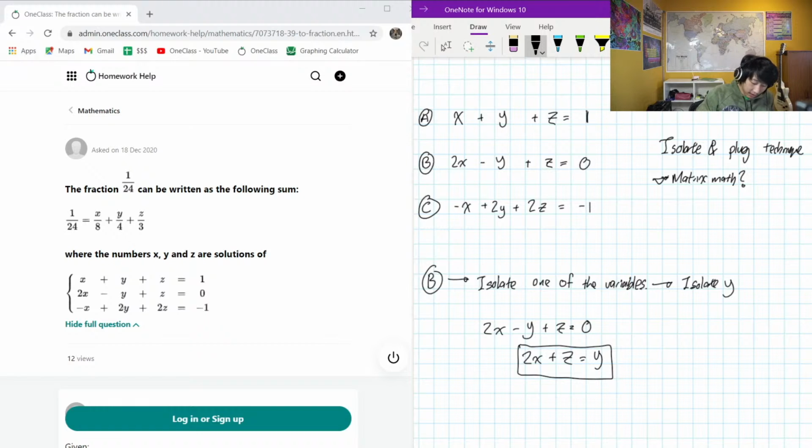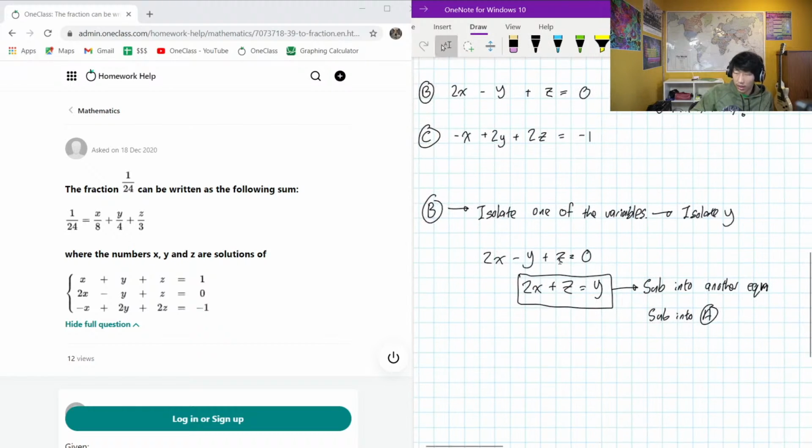Now we want to sub this into one of the other equations. Let's sub into A. Okay, so we know that equation A originally is x plus y plus z is equal to 1.